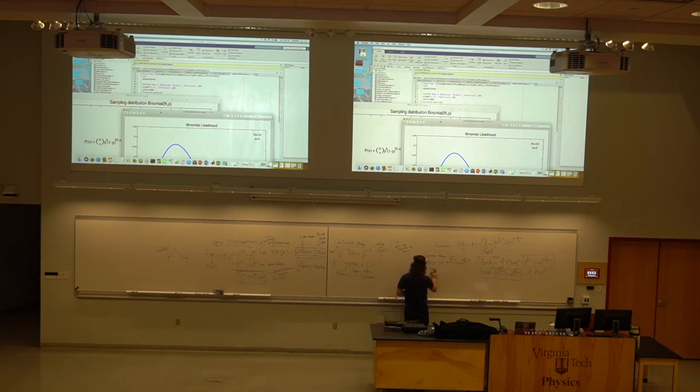And it's any old beta. It has 2 parameters. So I haven't defined specifically what the distribution is. I've only talked about its family.